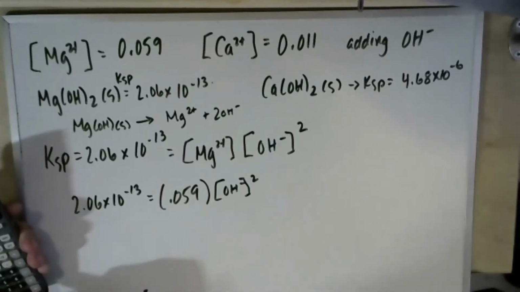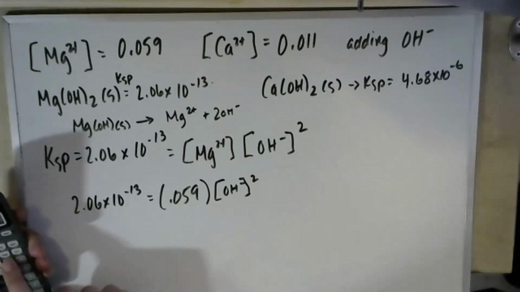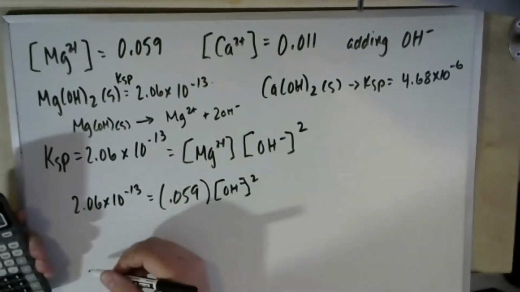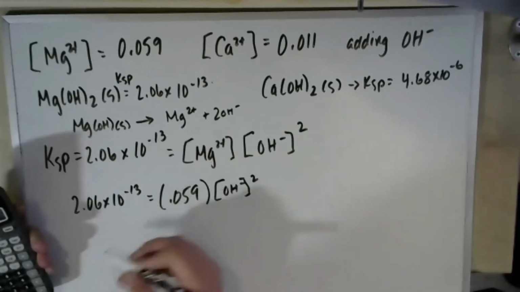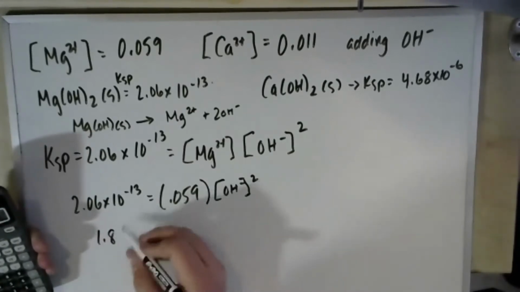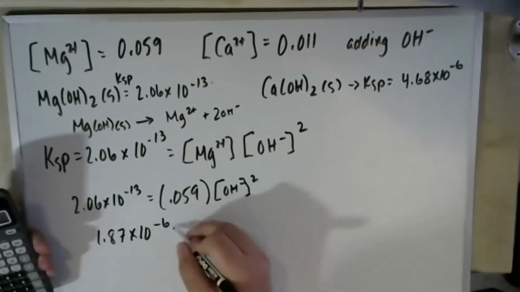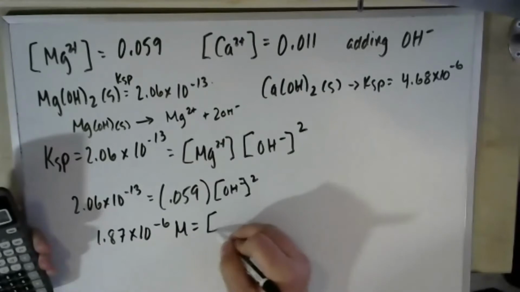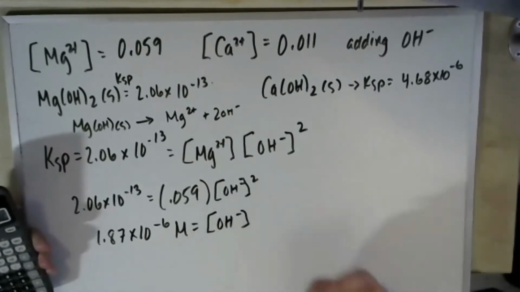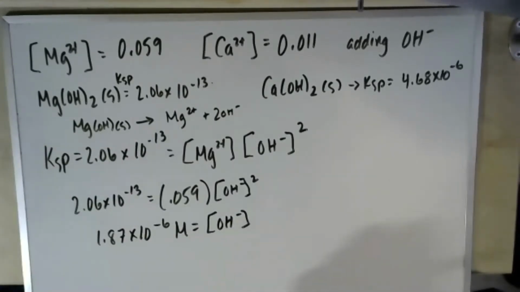So we'll divide the KSP by 0.059 and take the square root. And we end up with 1.87 times 10 to the negative 6 for the concentration of hydroxide ion.